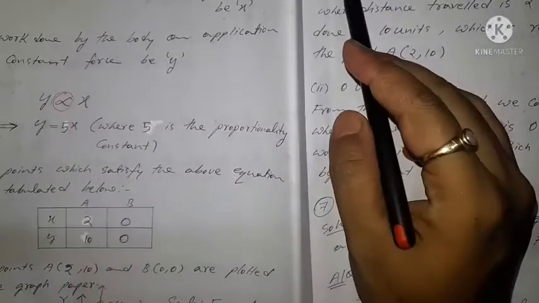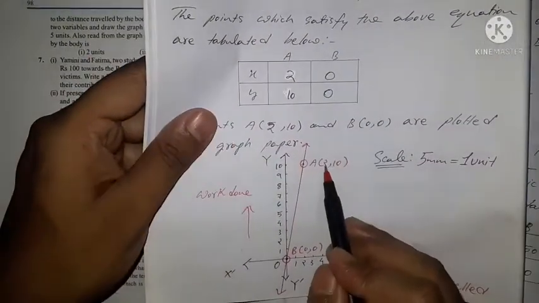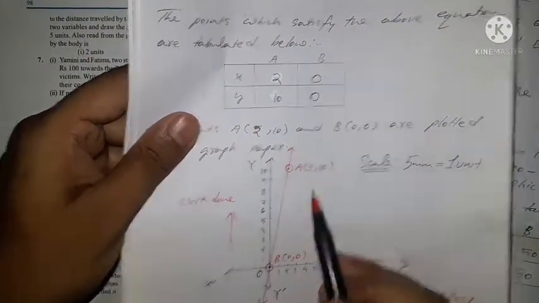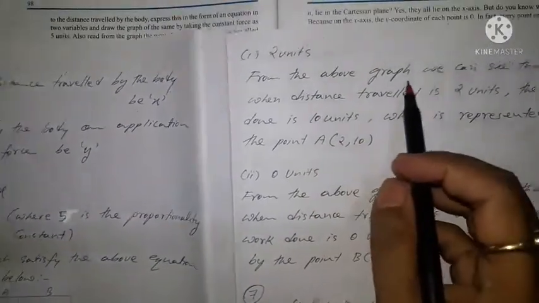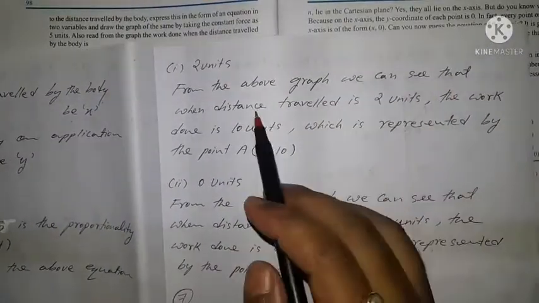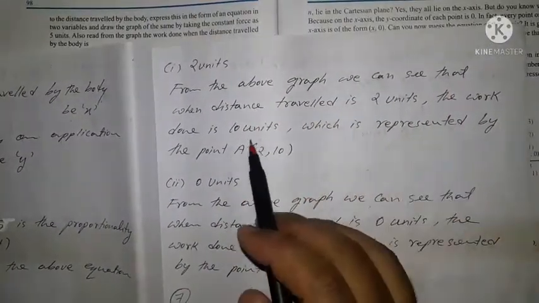So if the distance traveled is 2 units, the work done is 10 units. Therefore from the above graph we can see that when the distance traveled is 2 units, the work done is 10 units.